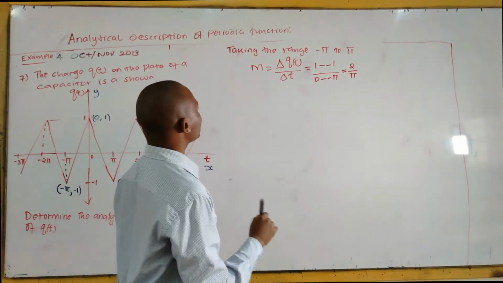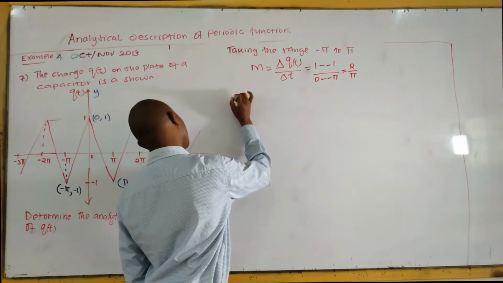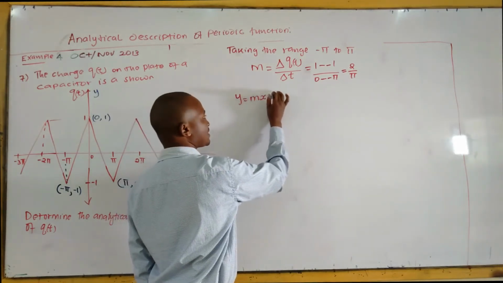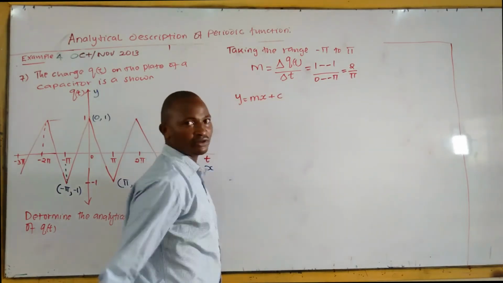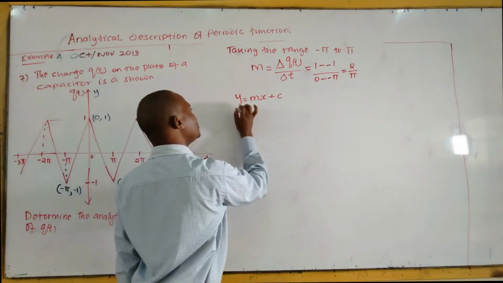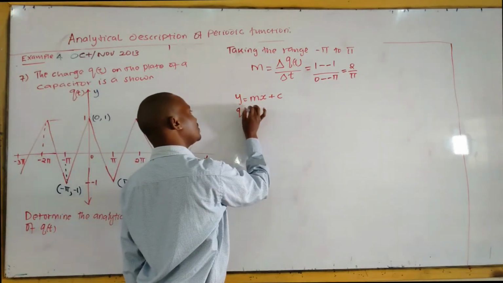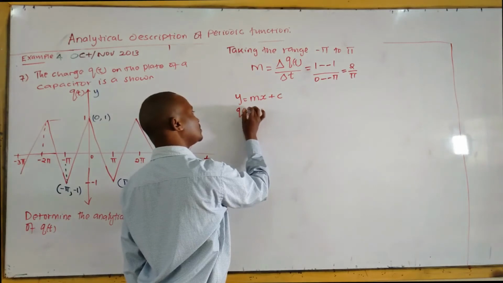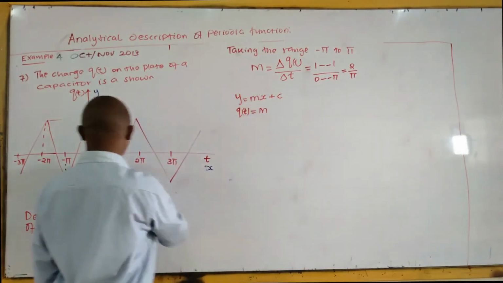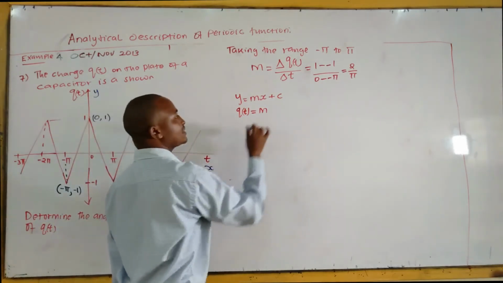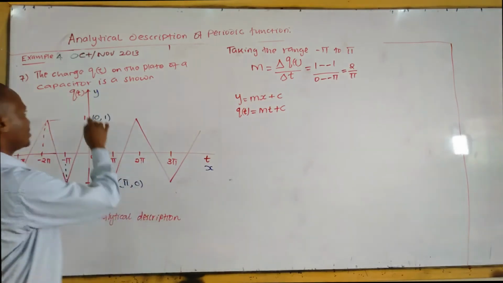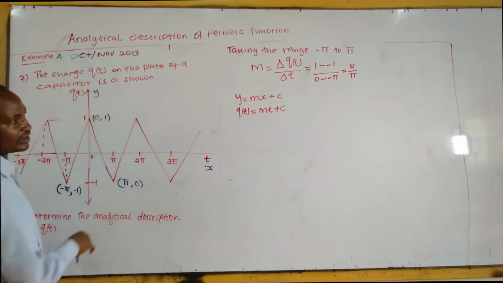Remember, the equation of a straight line is given as y is equal to mx plus c. But this time around, our axis here is Q of t, so Q of t is equal to m, which is the gradient, times t, since this axis is not x but t, plus the intercept on the dependent axis.